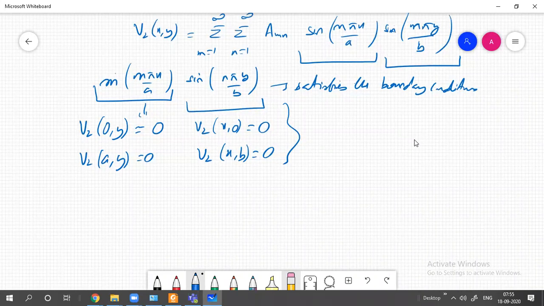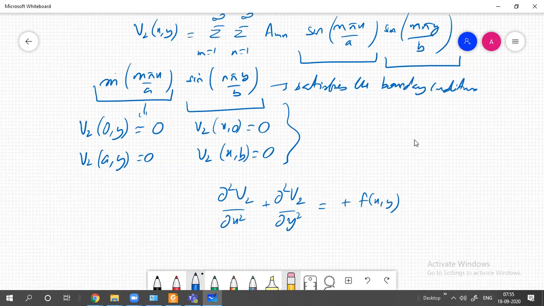We need to substitute. We did this for the three-dimensional case: del square V2 over del x square plus del square V2 over del y square equals minus f of xy, and then we will substitute the value of f of xy. In the three-dimensional case we had plus del square V2 over del z square.